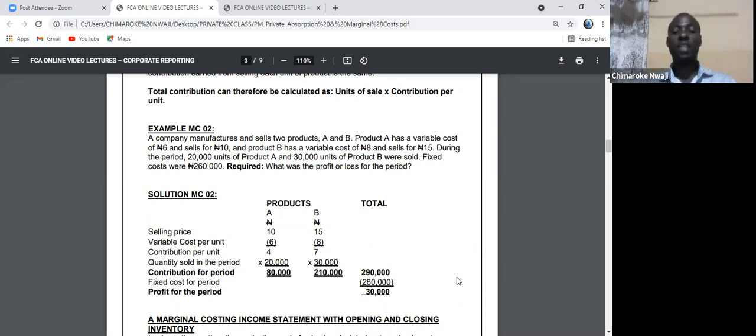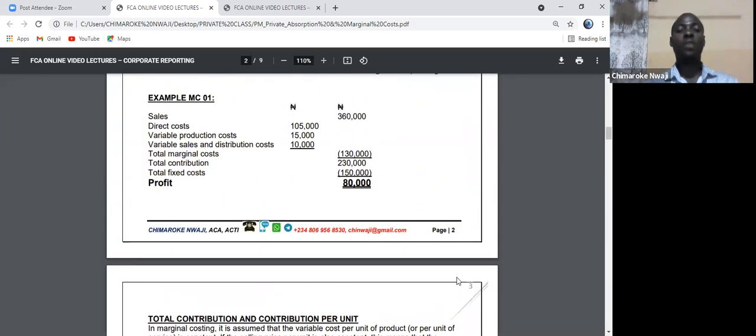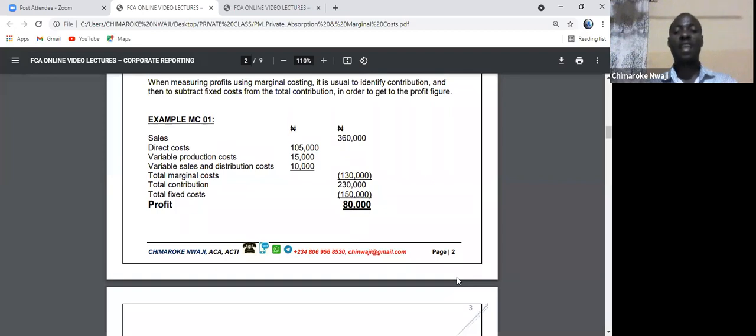So we have seen two ways in which we can do our marginal costing financial statement. One of them was seen in MCO1, where they gave us everything in total terms. And so we have to analyze all the variable costs, get one single variable cost and remove it from the sales to get the total contribution.